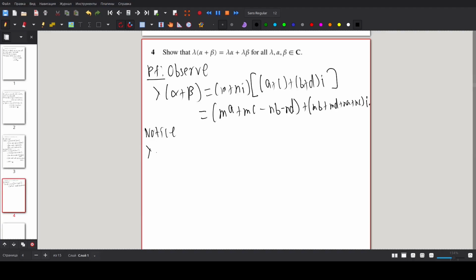Now, notice lambda alpha, I might be saying A instead of alpha, my bad, plus lambda beta is going to equal (M plus Ni)(A plus Bi) plus (M plus Ni)(C plus Di), which if we do these two multiplications, you're going to be shocked.